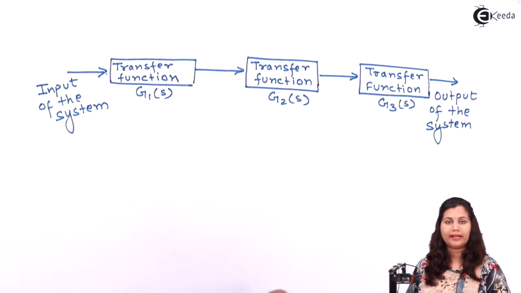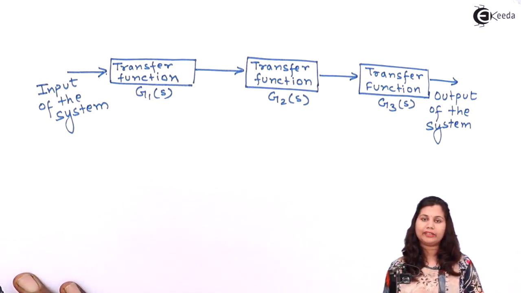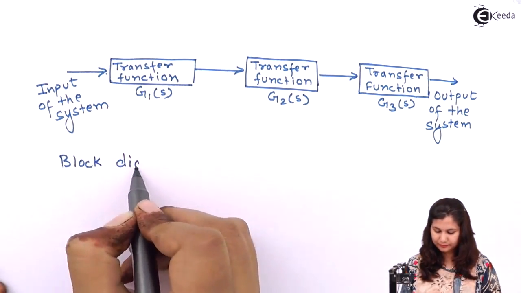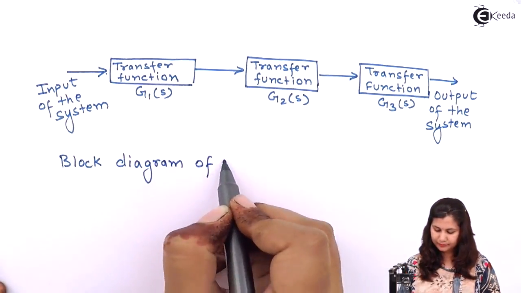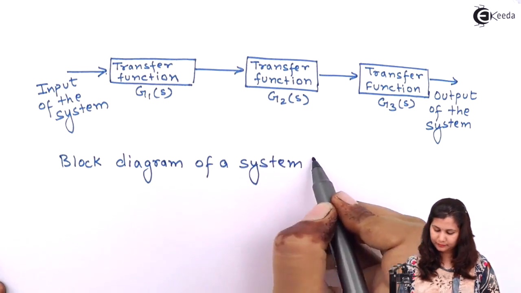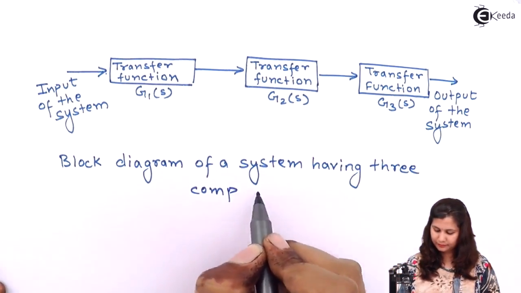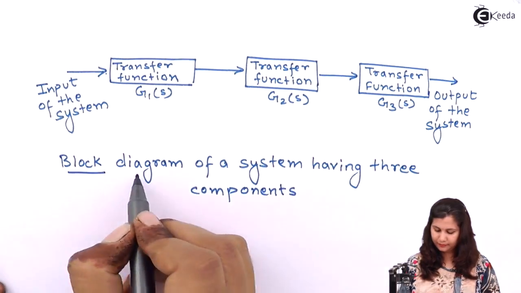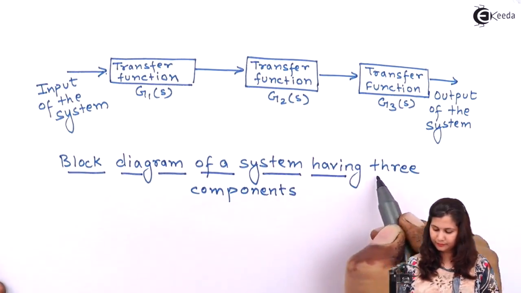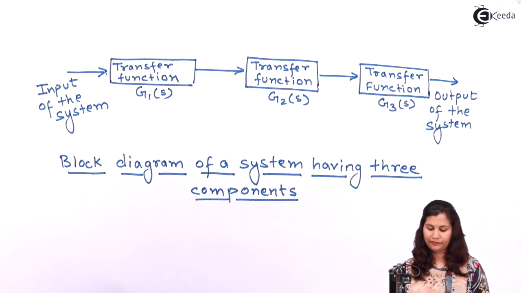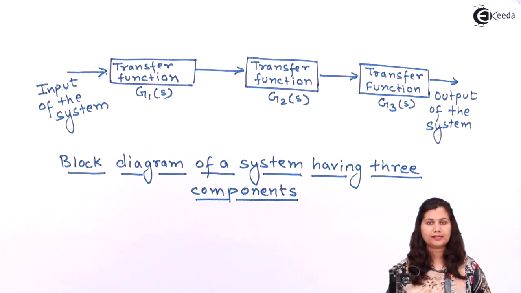So this is the block diagram of a system having 3 components. So we have seen what a block diagram is, and we have seen a block diagram of a system.